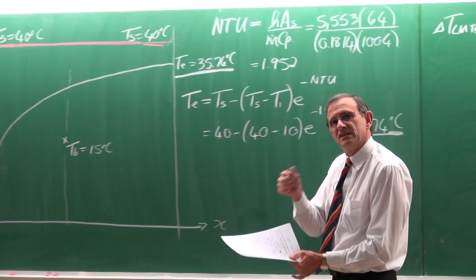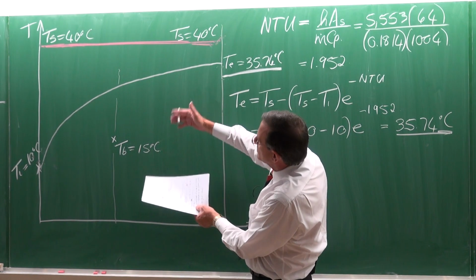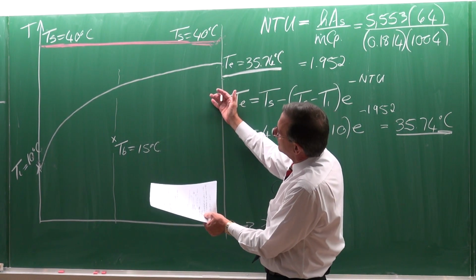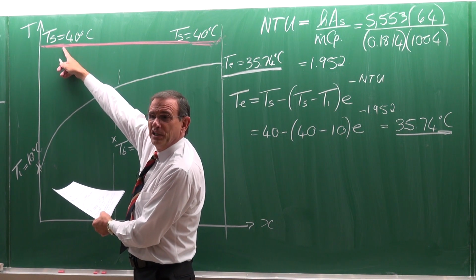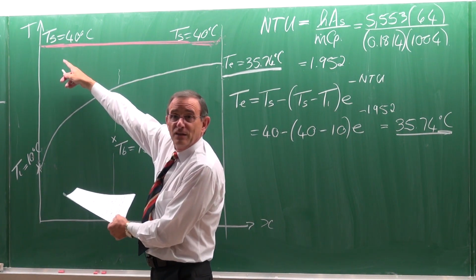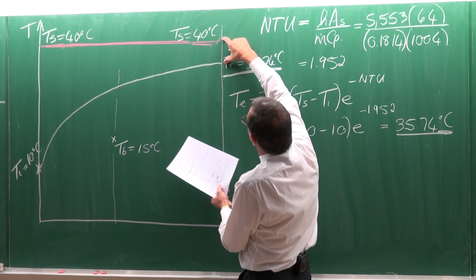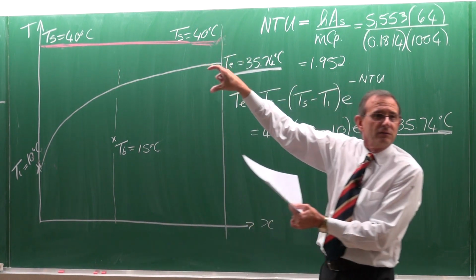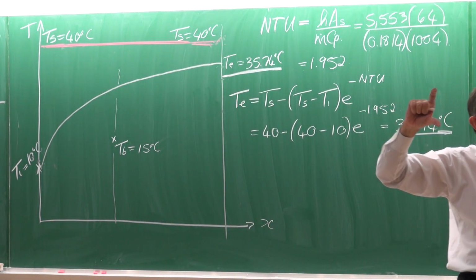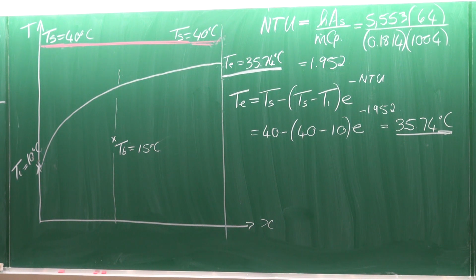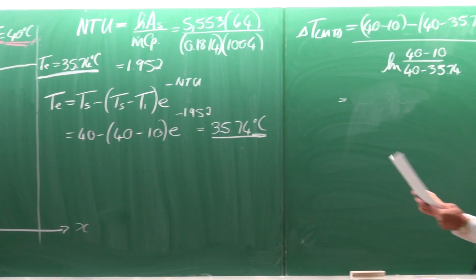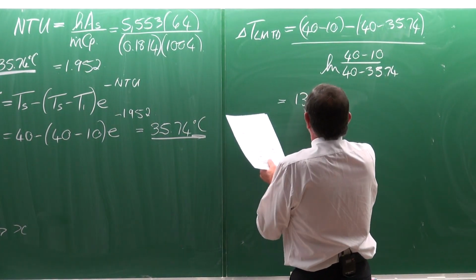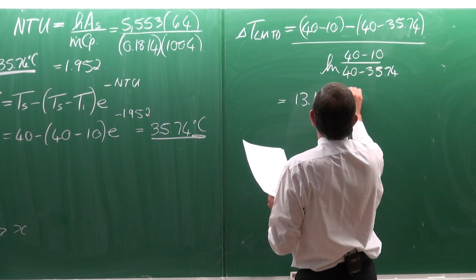Before the time, look at the sketch and just decide for yourself what you think it will be. That is 10 and that is 40, so it cannot be higher than 30. It can't really be lower than about 5. Those are my two limits. So if you do the calculation, you must sort of know what to expect. It is equal to 13.19 degrees Celsius.